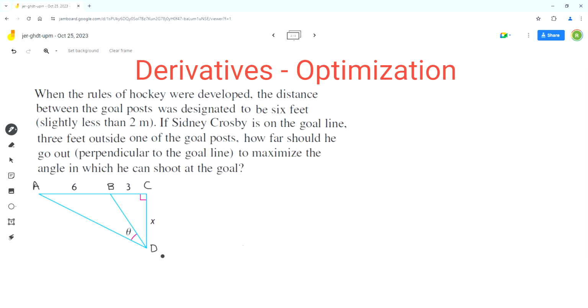In order to solve this problem, we should break up this diagram into two right angle triangles. This is the bigger right angle triangle ACD, and the smaller right angle triangle is BCD.